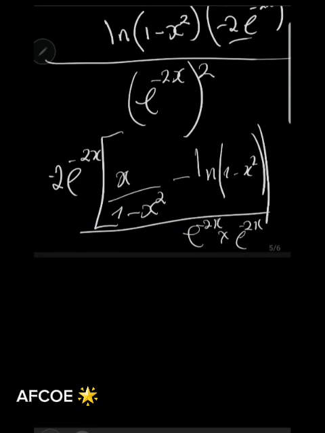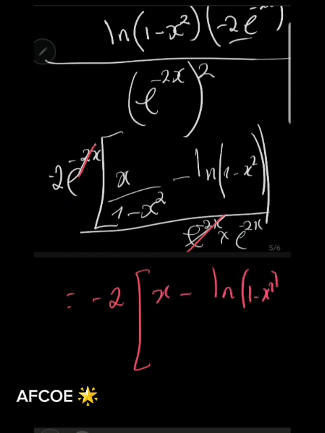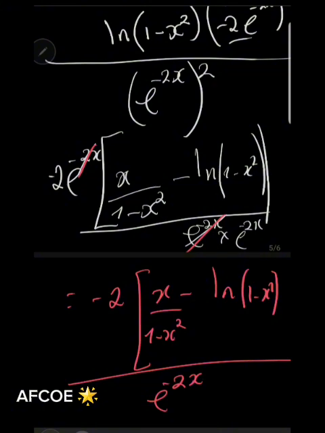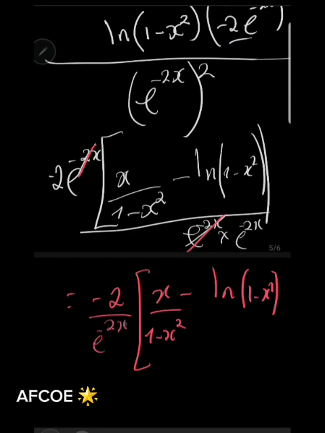And you see that one of your e to the negative 2x will cancel with the one outside here. And you just get negative 2 all into x on 1 minus x squared minus ln of 1 minus x squared, all divided by e to the negative 2x. So this is your final result, or to write it well, you can put the e to the negative 2x outside here. And this is simply your first derivative, so you can write y prime or dy dx.